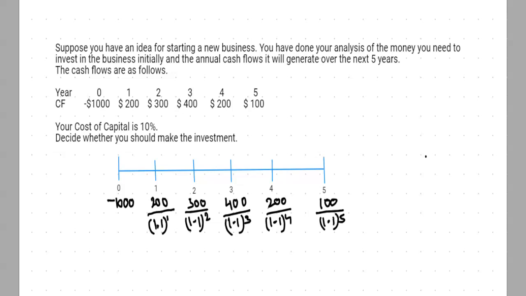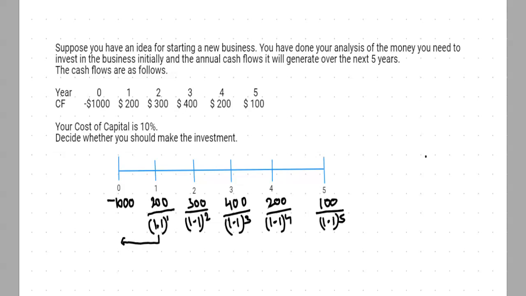If you do 1 divided by 1.1, then you get the present value interest factor of 10% for the first year. And if you do 1 divided by 1.1 to the power 2, then you get the present value interest factor of 10% for year 2. Similarly, you can get the present value interest factor for other years.